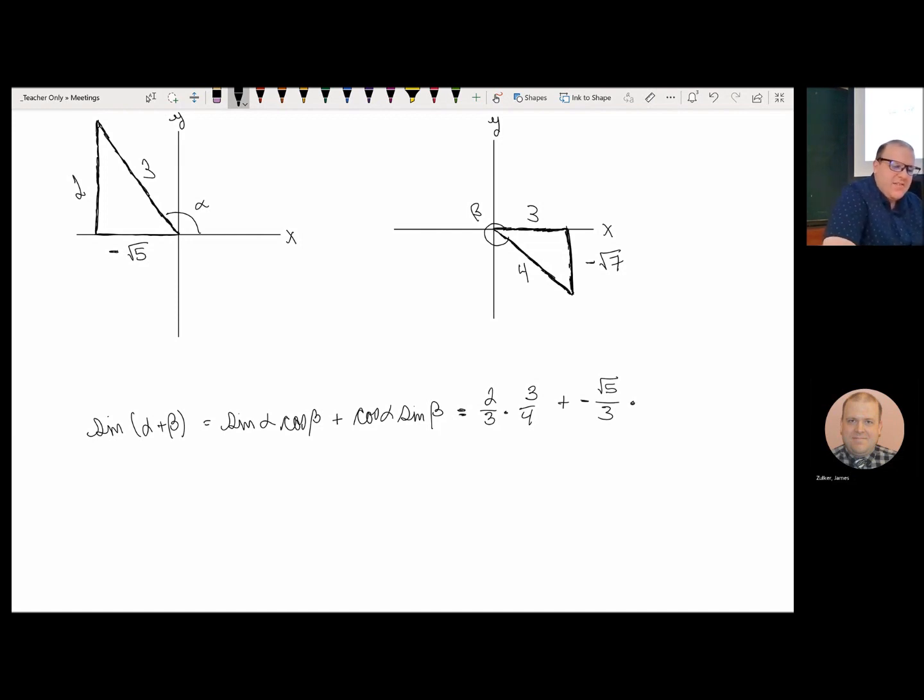What is sine of beta? Negative root 7 over 4.